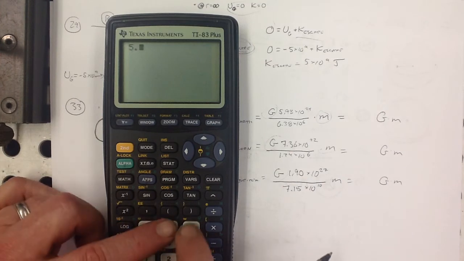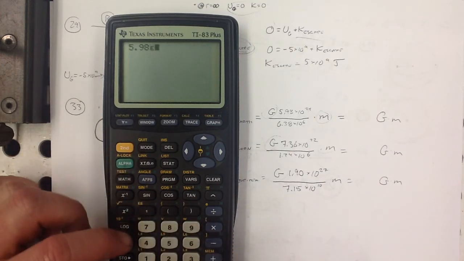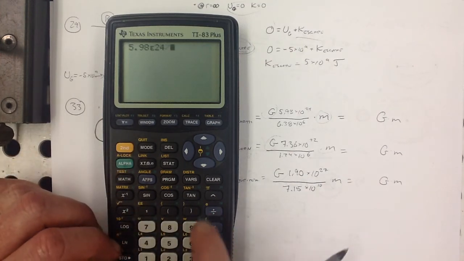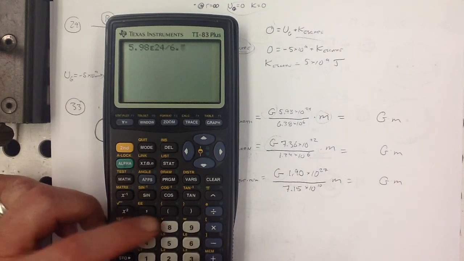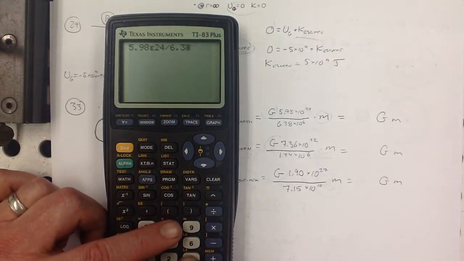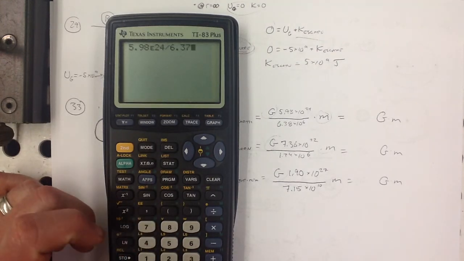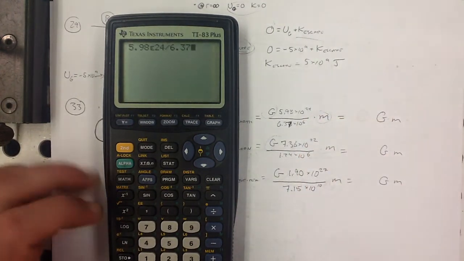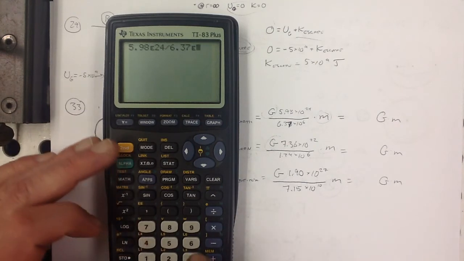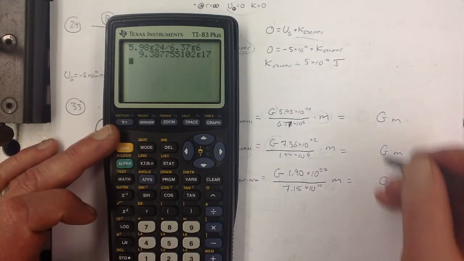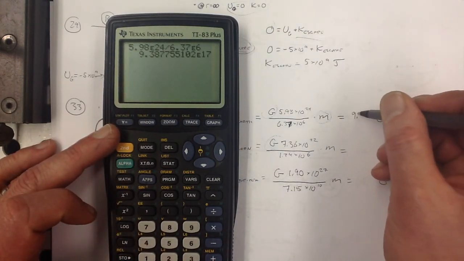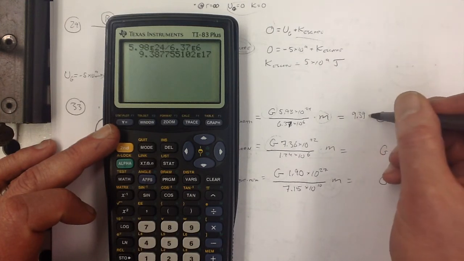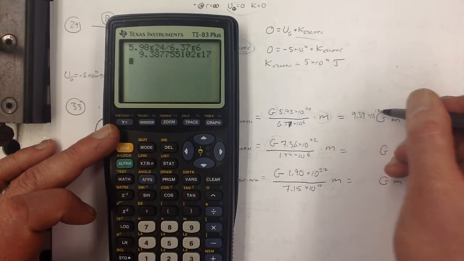So 5.98 times 10 to the 24th over 6.38. They give 6.37 in our book. I'll do that, sorry. I've seen 6.38 in other places. Depends on where you are. E6, so that's 9.39 times 10 to the 17.